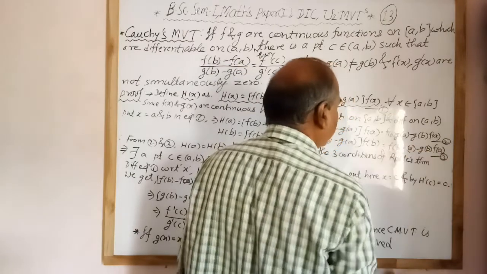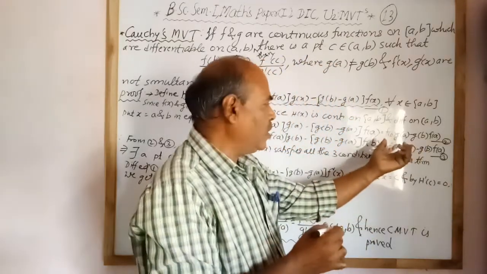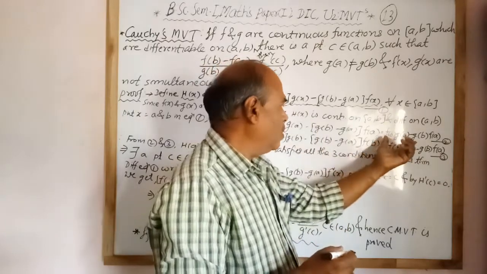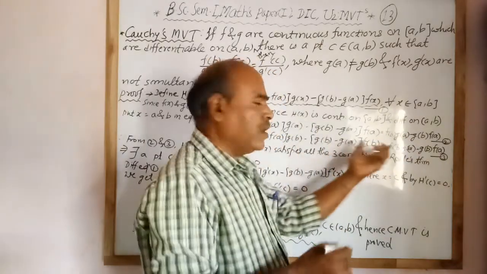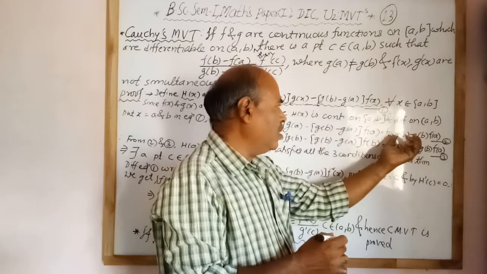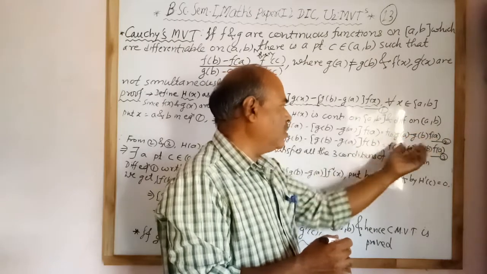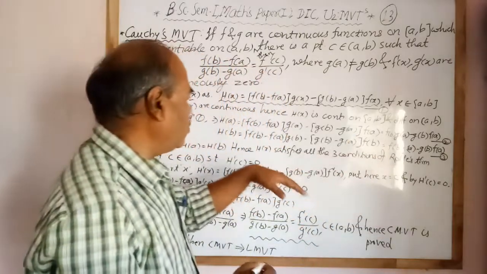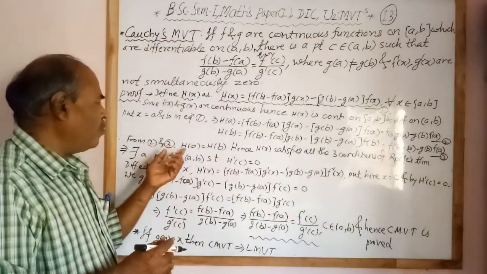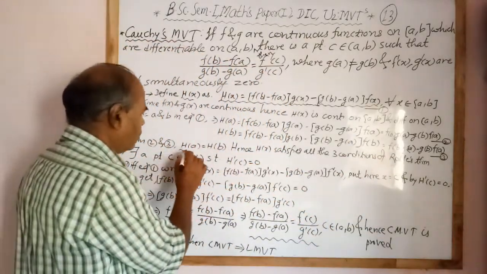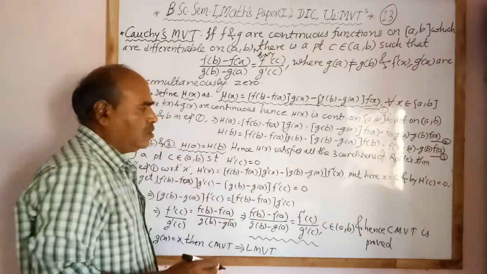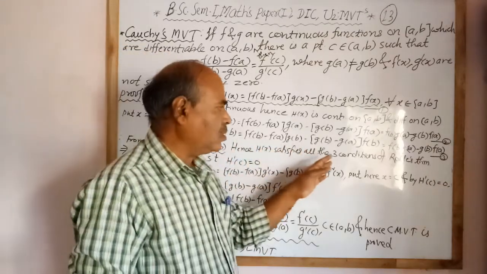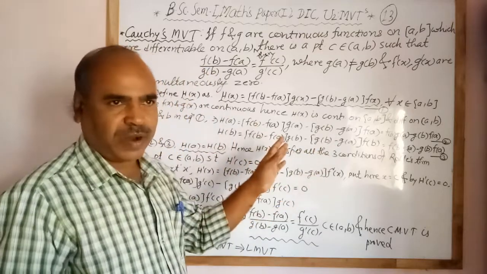Now from equations 2 and 3 you will observe that h of a and h of b are the same, f(b) g(a) minus g(b) f(a). Here also we get the same value. Therefore from equations 2 and 3 we say that h of a equal to h of b. Hence all the three conditions of Rolle's theorem are satisfied.